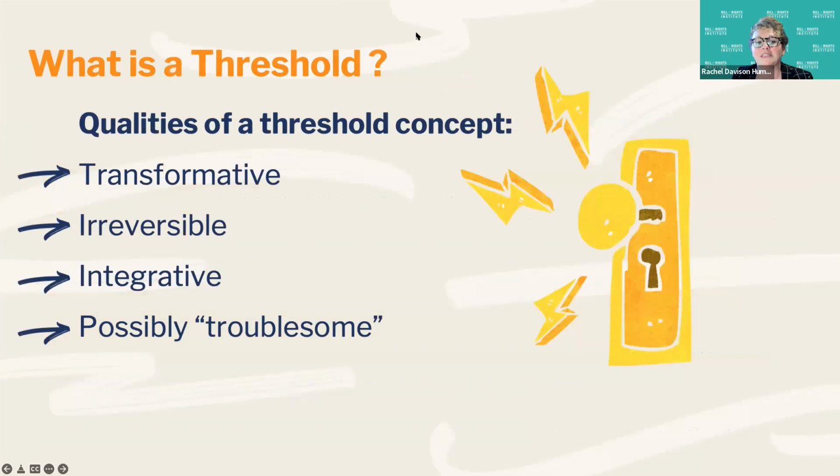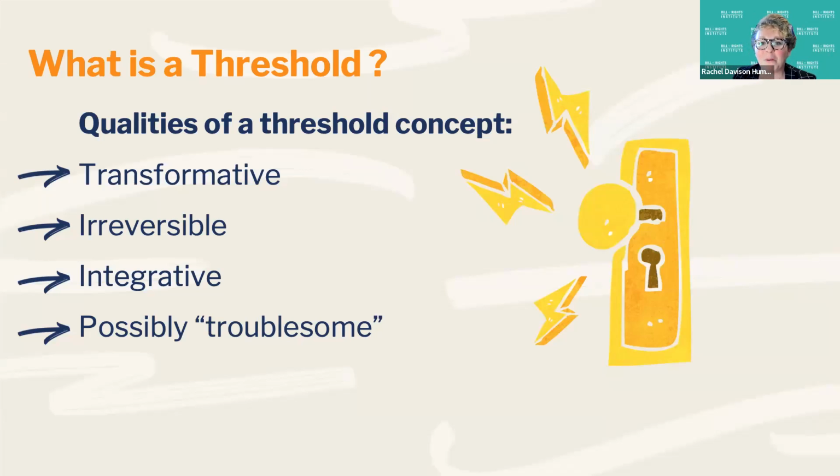So again, a threshold concept has a couple of key characteristics. It's transformative, it's irreversible. Once you see it, you can't unsee it, right? In economics, the idea of opportunity cost, right? You can't unsee it once you know it. It's irreversible. It integrates other understandings. And the last thing is that it's possibly troublesome.